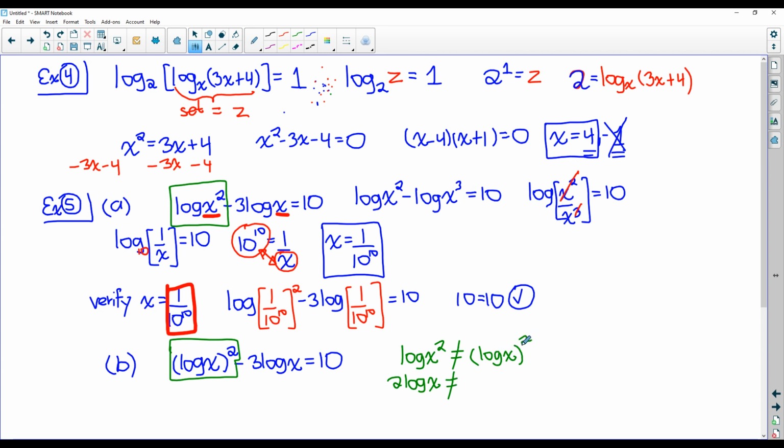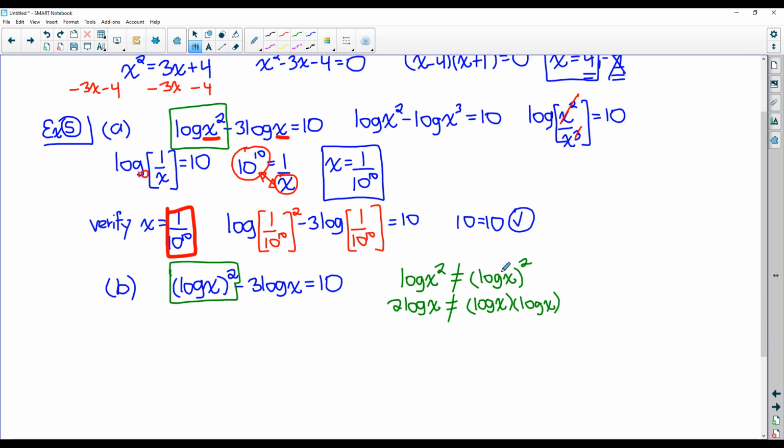Log of x all squared, you're not just squaring the argument, you're squaring all of log of x. So this is actually a repeated multiplication of log of x. So this would be log x times log x. Okay, those two things are not the same.